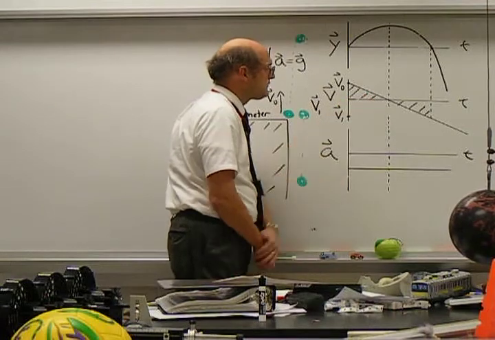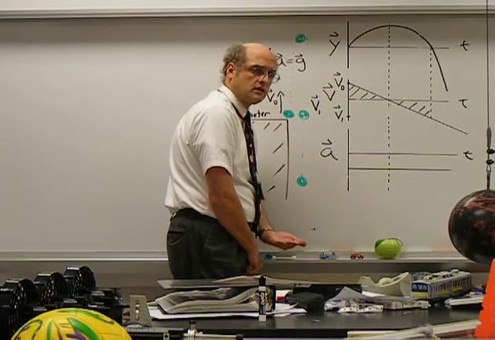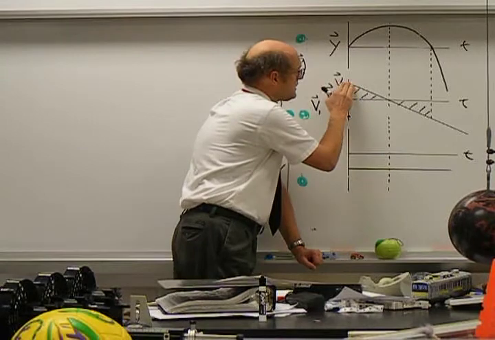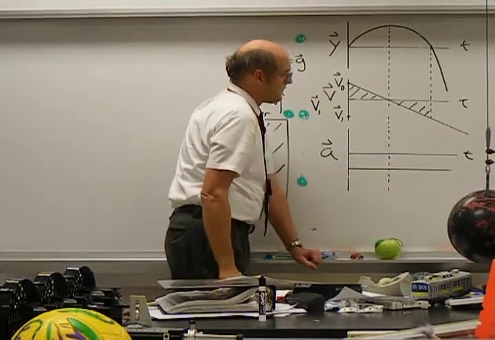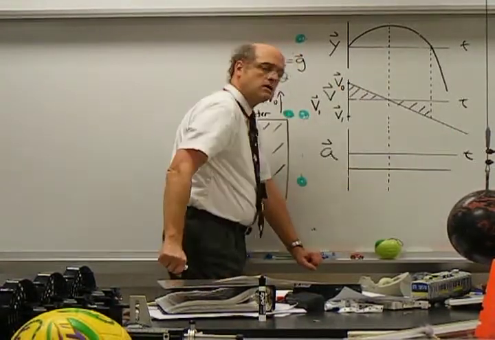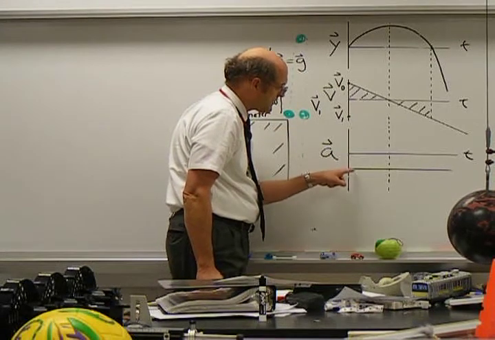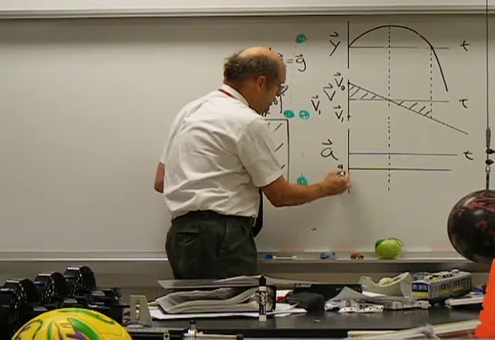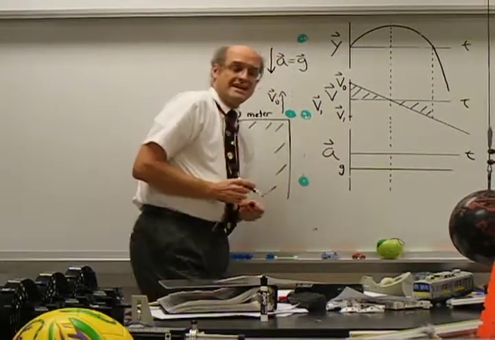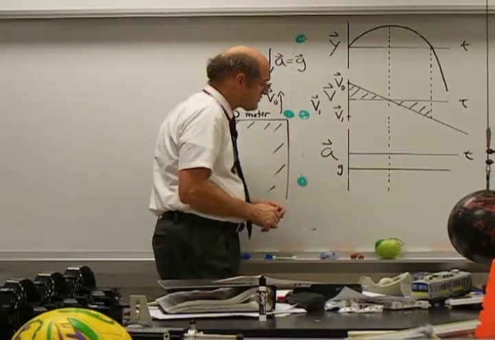The slope of the velocity versus time curve is the acceleration, and you notice that it's a straight line, so it's a constant slope, which indicates a constant acceleration. And this value here, again, would be g, or about negative 9.8 meters per second squared.